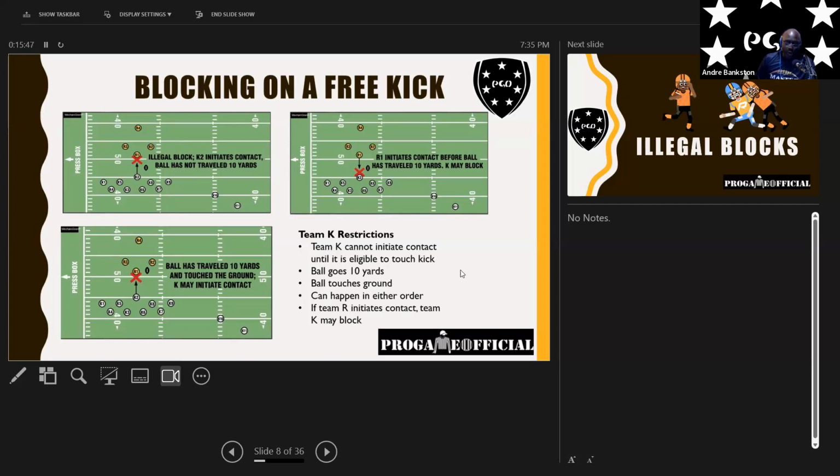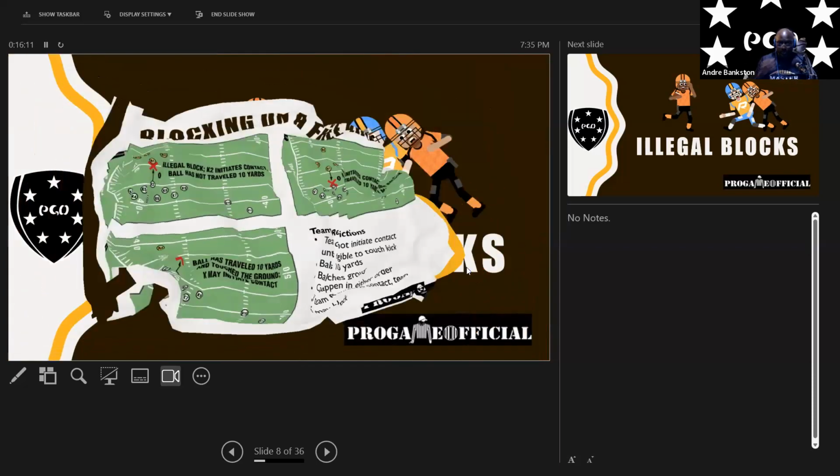Even if the ball is traveling past R, and R is within that 10 yards, and the ball is still within the neutral zone space, and K made contact with R, we have a 10-yard penalty. Again, K cannot touch R until the ball is legally able to be recovered.